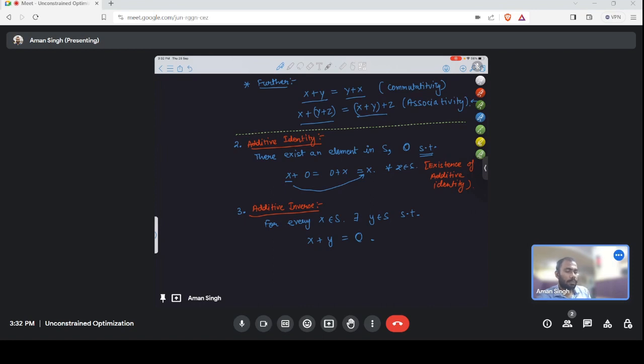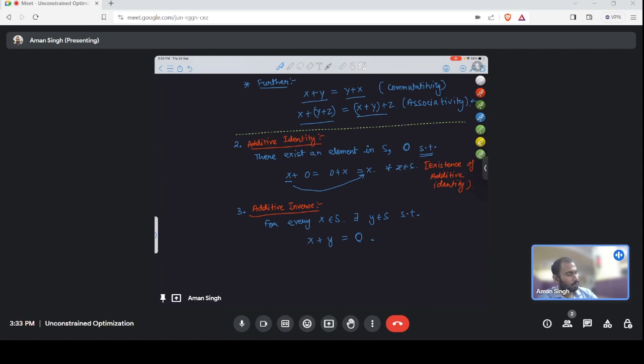So for every member in S, there should be its additive inverse there, so that if you do an addition operation between these two, you should result in additive identity, that is 0.